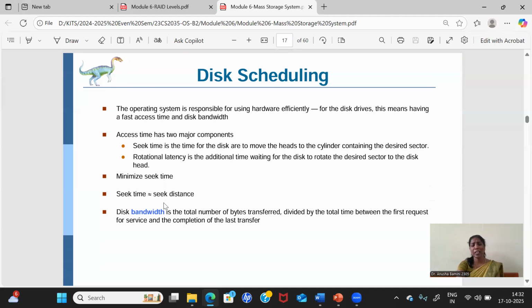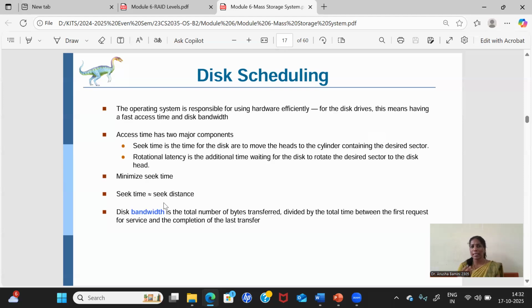Another key term used here is bandwidth. The disk bandwidth is the total number of bytes transferred divided by the time between the first request for service and the completion of the last transfer.